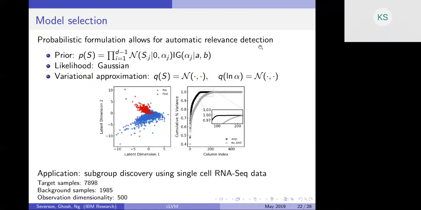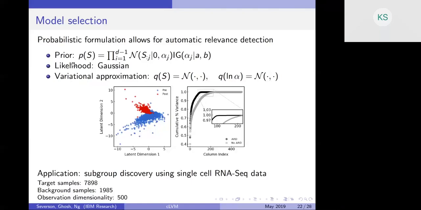This is particularly convenient as our dimensionality grows, like this, 500. We need to choose the dimensionality of the shared space, and the classic way to do that would be to sweep over all dimensionalities, which can be time-consuming. It can also be very difficult to choose at what point we eventually want to truncate.